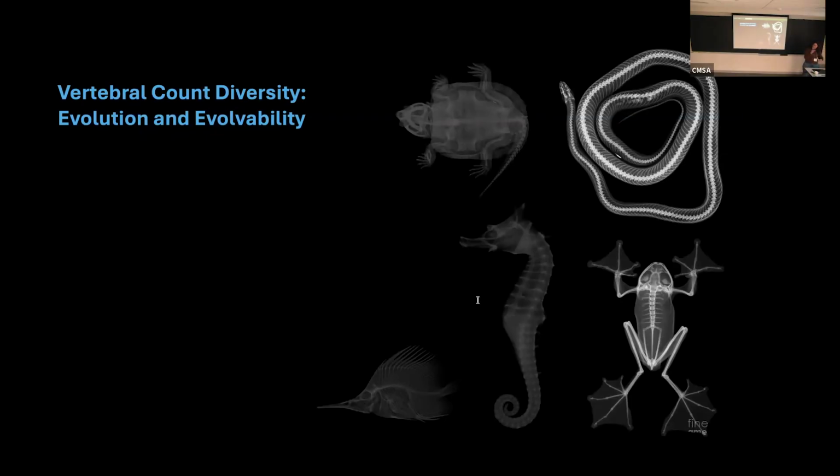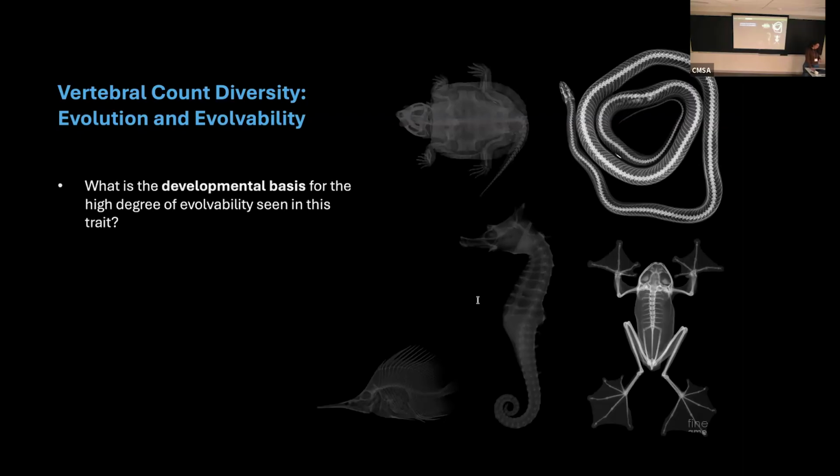Today I'm going to talk to you about two levels of explanation that we've been working on over the last couple of years. The first is trying to understand what is the developmental basis for the high degree of evolvability that we observe in vertebral counts, the trait that we're after.